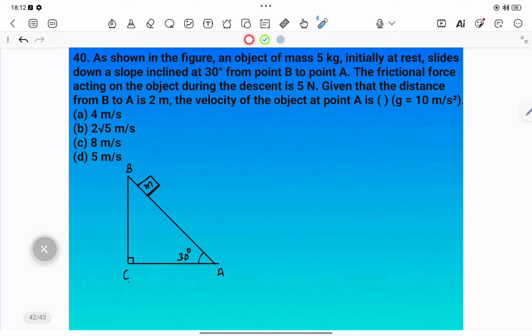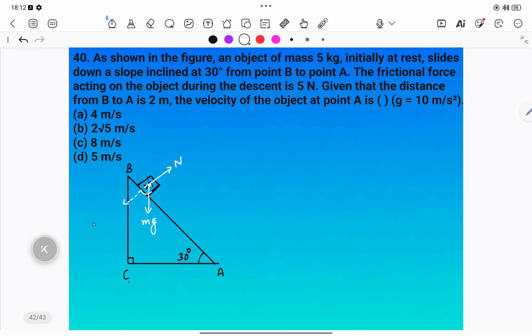So first we will draw all the forces that are acting on the mass M. This is the normal reaction which is due to the ground, and this is the mg that is due to gravity. We will resolve this mg force.